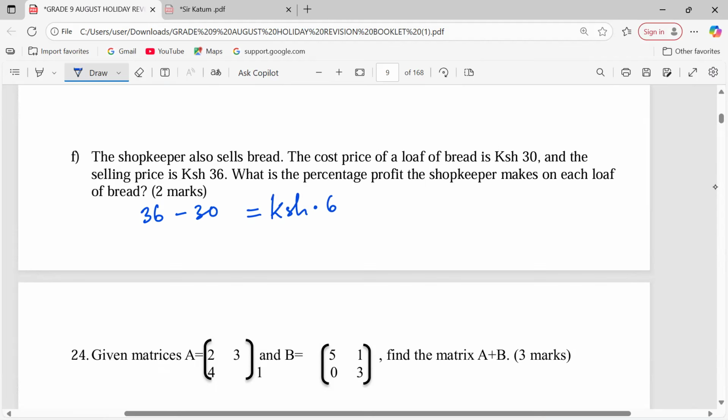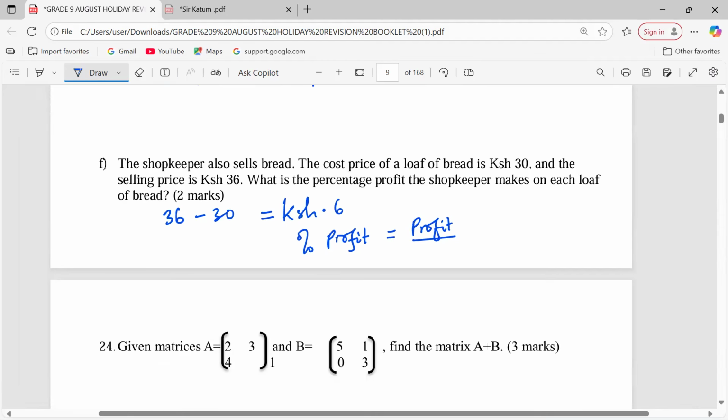So how do we get what we call percentage profit? So percentage profit, I have to write this one very carefully. Percentage profit is usually given by profit out of the buying price times 100.